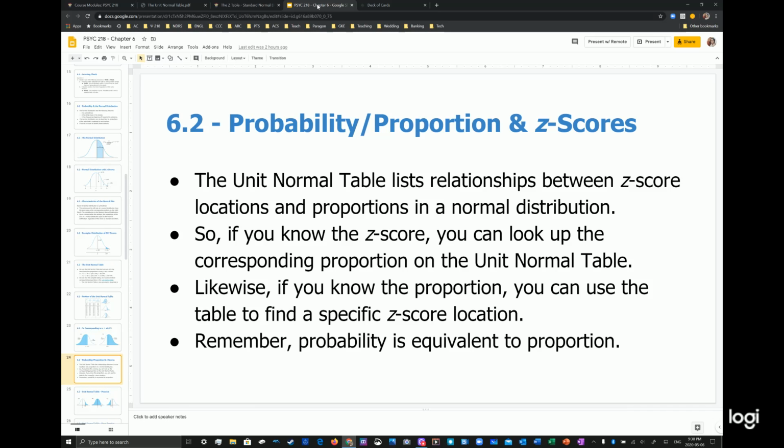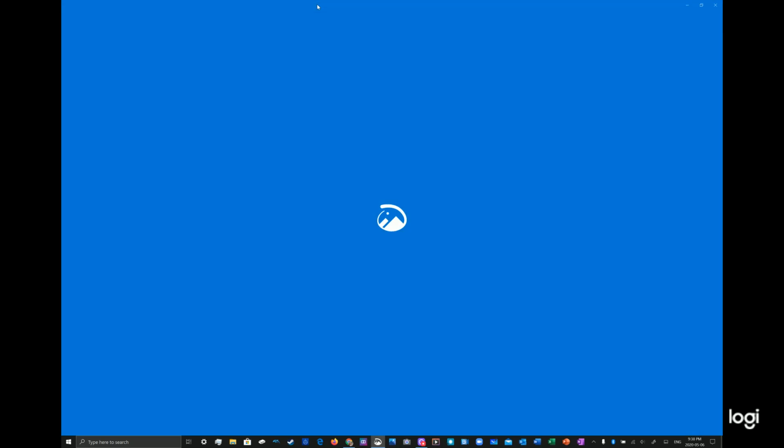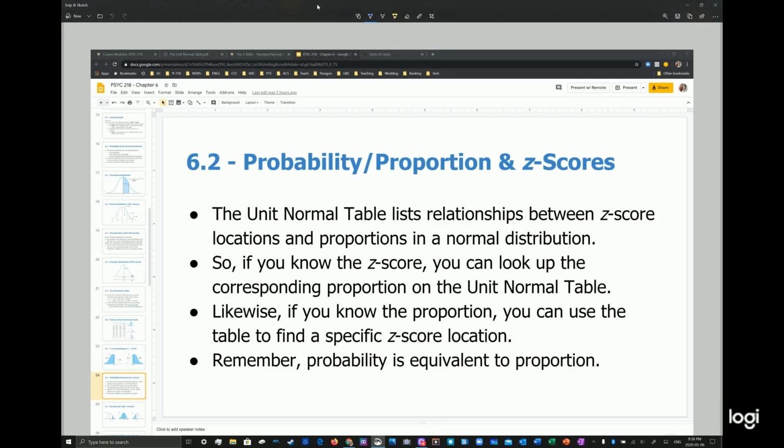So again, to review, the unit normal table lists the relationships of Z locations and proportions in the normal distribution. So if you know the Z score, you can look up a corresponding proportion in the unit normal table. Likewise, if you know the proportion, you can find the specific Z score location if you're given some values to work with, be it the mean or standard deviation.